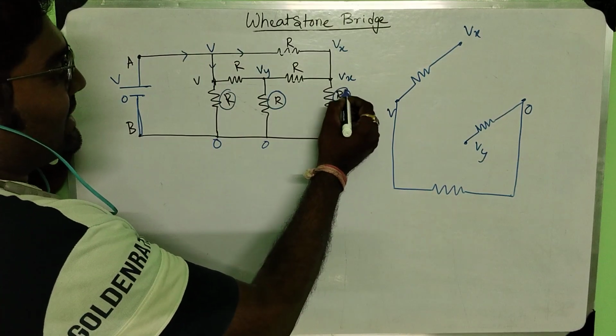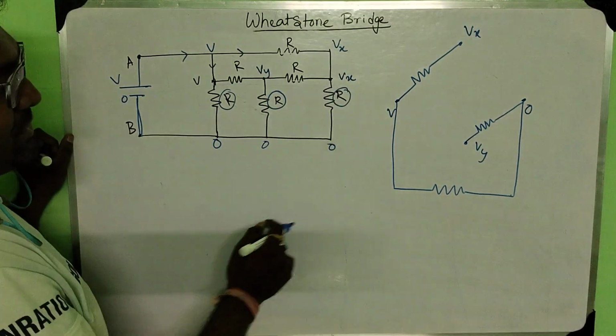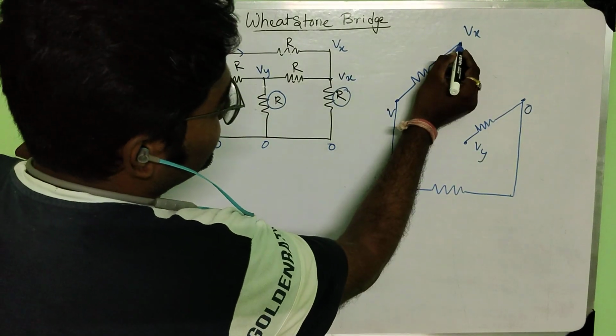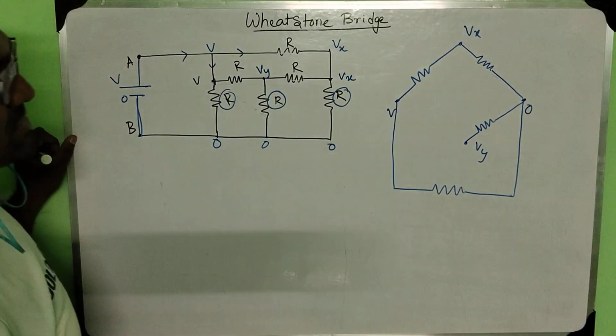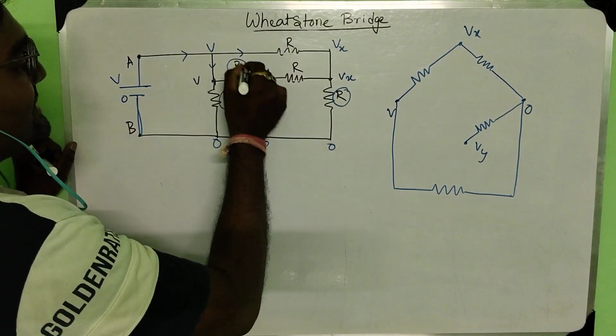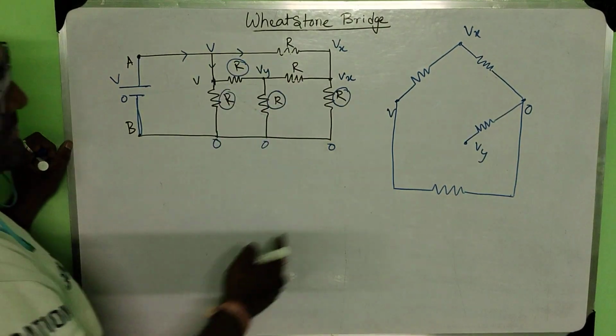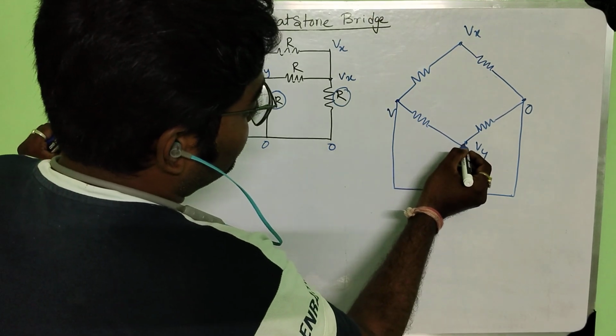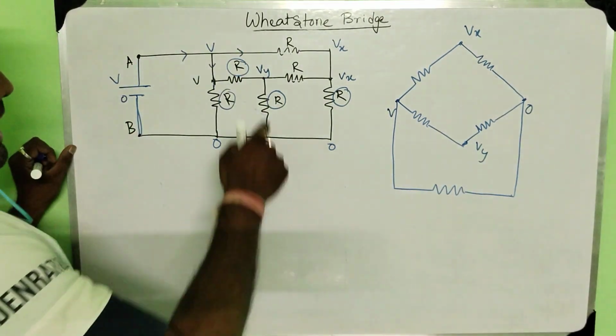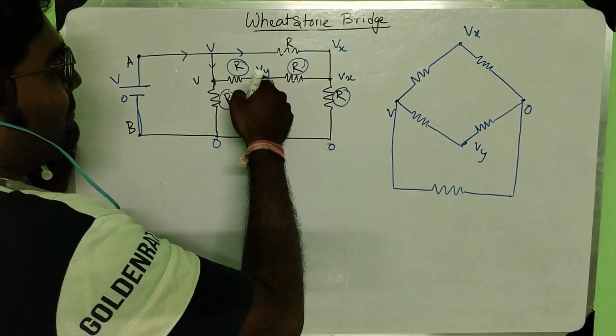This resistance is connected between Vx and 0. This resistance is connected between V and Vy. And this resistance is connected between Vy and Vx.